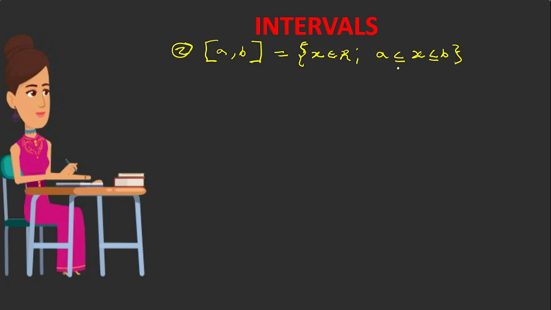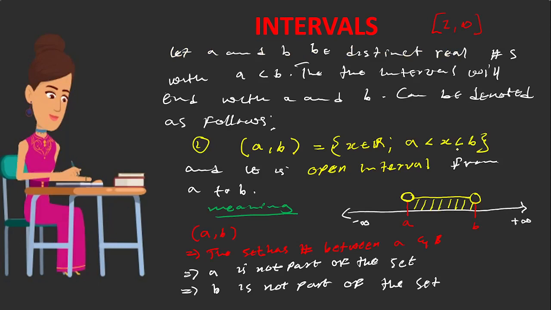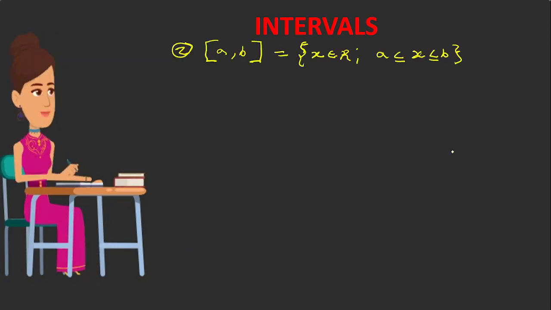You can look at the difference between the two. In the first one we did not put the equal to, but in this one we have put the equal to.